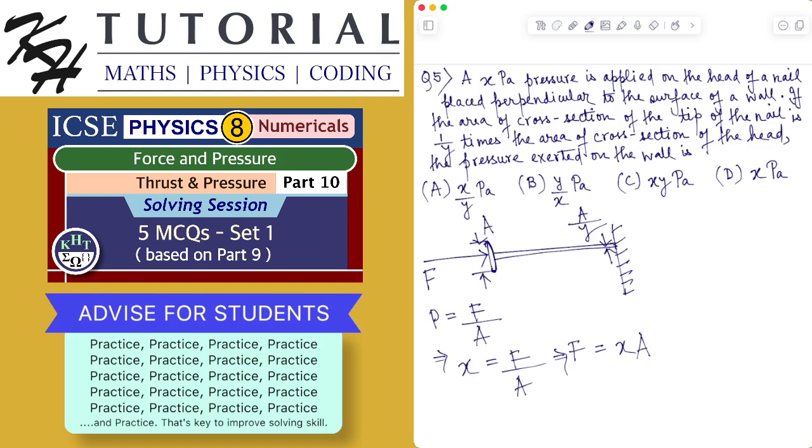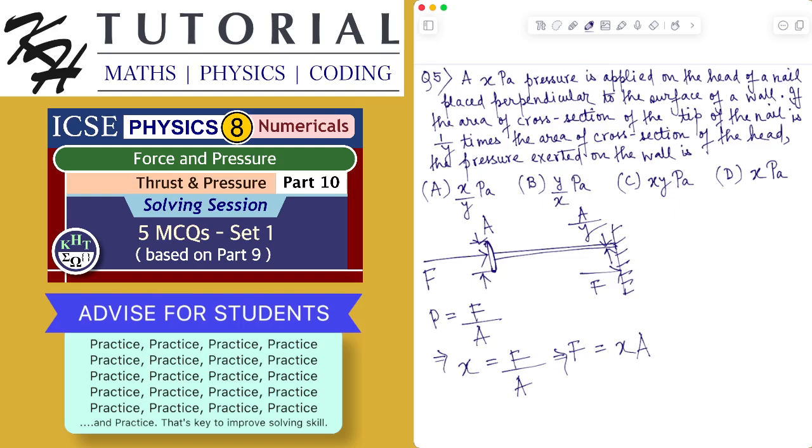The force being applied on the head is F. Now this same force is also being applied by the tip of the nail on the surface of the wall.